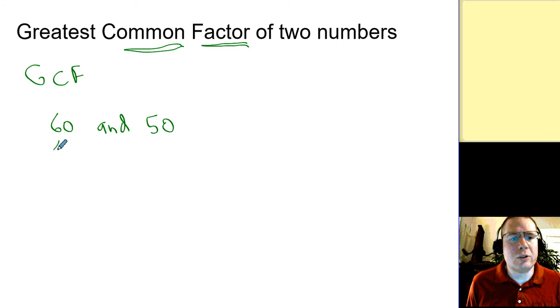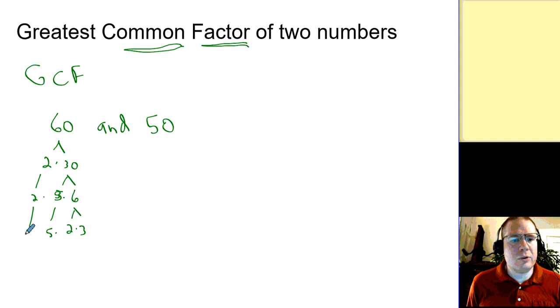So 60, there is 2 times 30. 30 is, let's do 5 times 6. 6 is 2 times 3. So that 5 is there. That 2 is there.